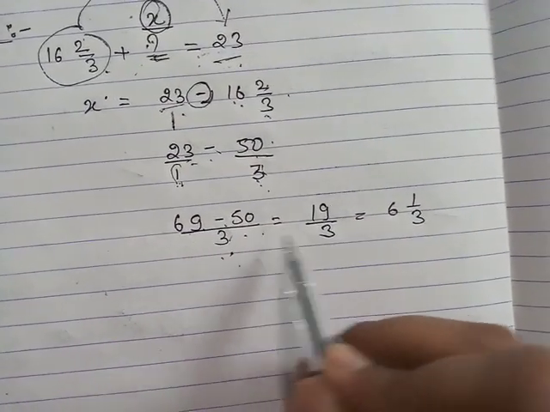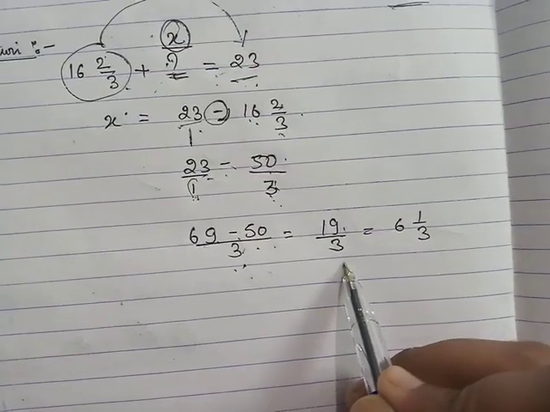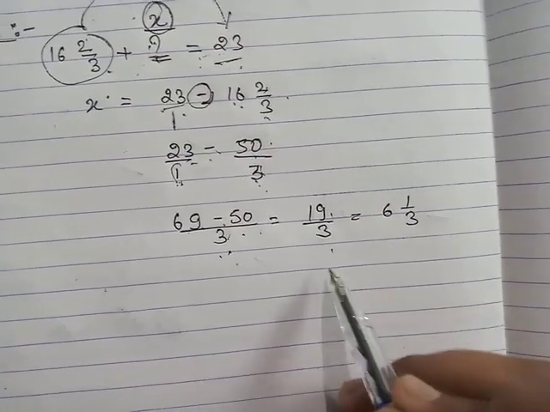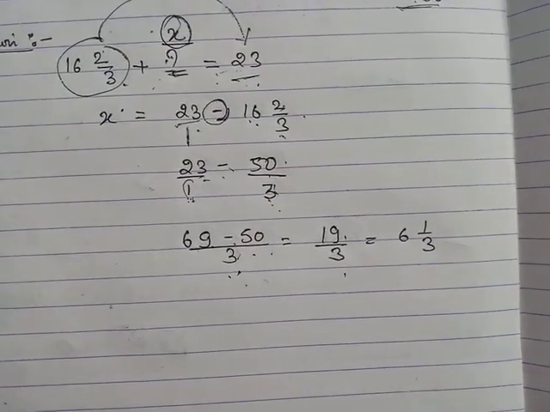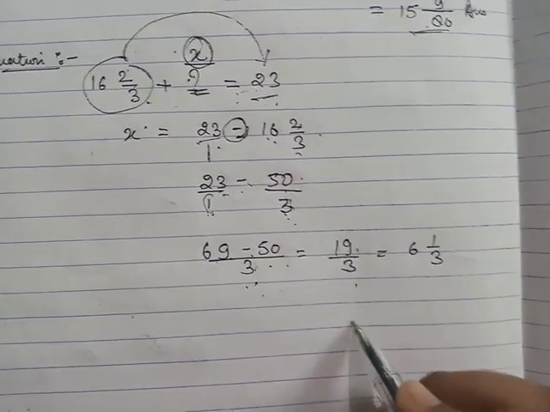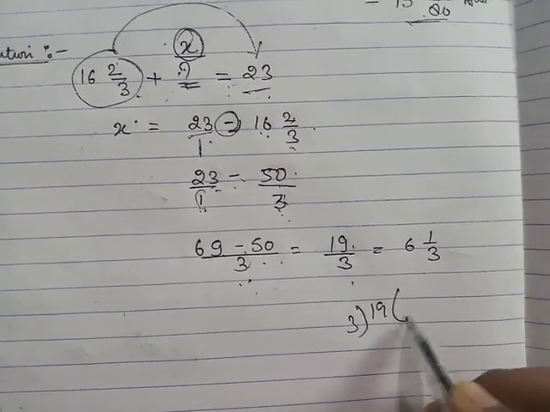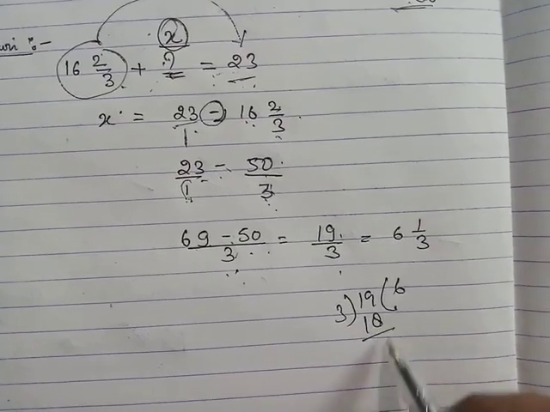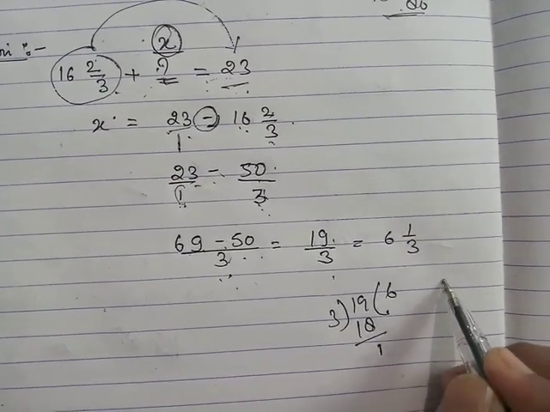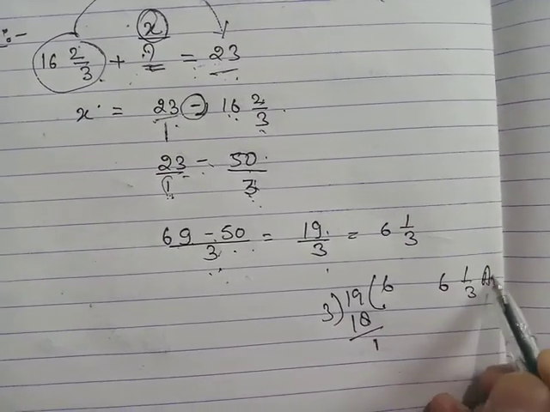Now we will subtract the values, there will be 19 by 3. Now we will convert this into a mixed fraction. You know that 3 sixes are 18, remainder 1. So 6 whole 1 by 3 will be the answer.